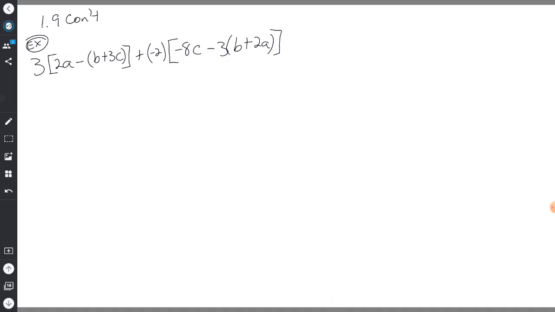So in the first one there, what do we have to do? Distribute the negative b plus 3c. Okay, good. Because this is like having a -1. So we're taking that to the inside there. So which is going to give us what here?